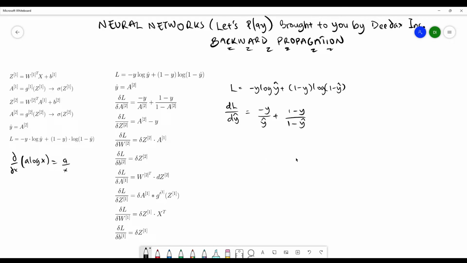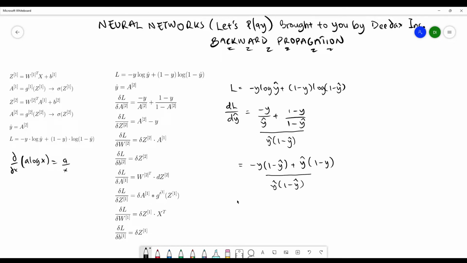Okay, we could simplify this using regular algebra, where we have y hat times 1 minus y hat, and we work it out to be negative y times 1 minus y hat, plus y hat times 1 minus y, over y hat times 1 minus y hat.